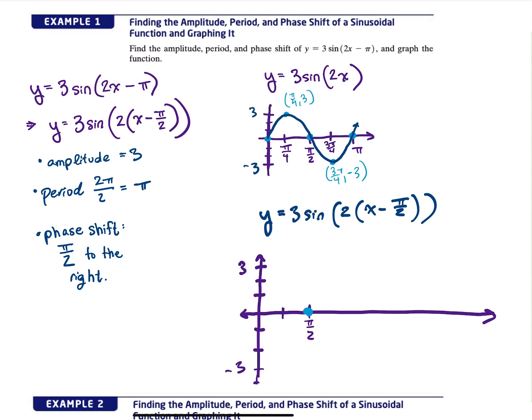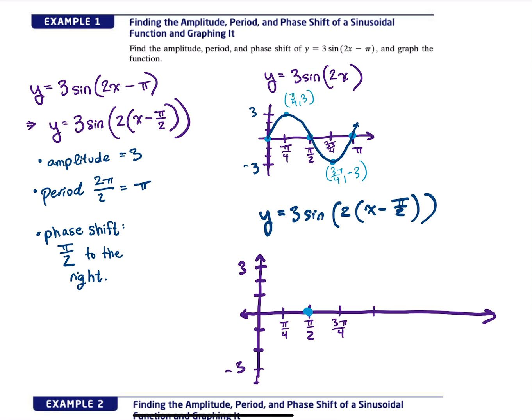Then I really just want to go 1, 2, 3, like 4 more points out from here, or 4 more little notches on the x-axis. This would be 1 pi over 4, 2 pi over 4, which is pi over 2, 3 pi over 4.